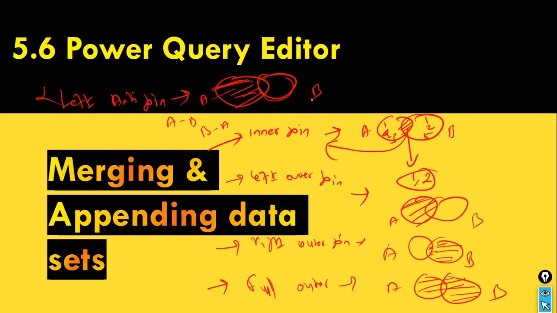This is the one: all the values of your table B, but excluding the common values between these two tables and the values in table A. That is your right anti-join.